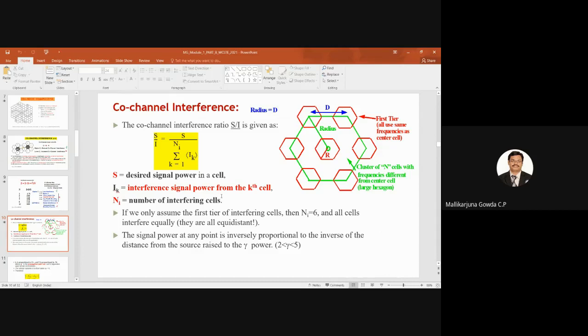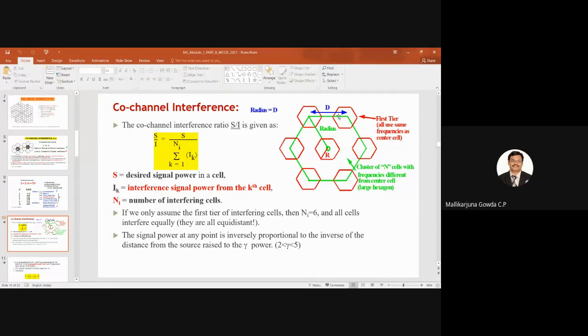here I have taken an example. This is the first tier. This is one central hexagonal cell. If I consider the center cell as A, then around it there will be B, C, D, E, F, G. Six will be there. After that I have replicated this again, and I marked this as the first tier.